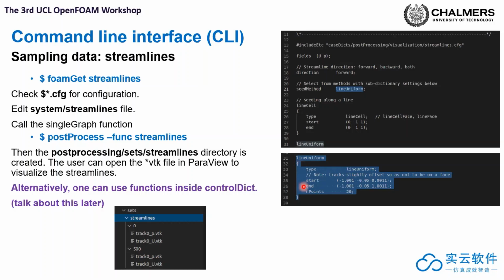In this way, it will generate the streamline VTK files, and you can just load the VTK files into ParaView, and you don't need to do the streamline filter anymore.